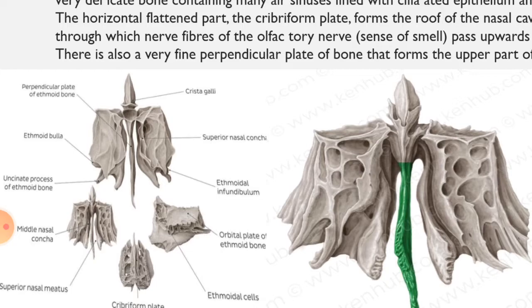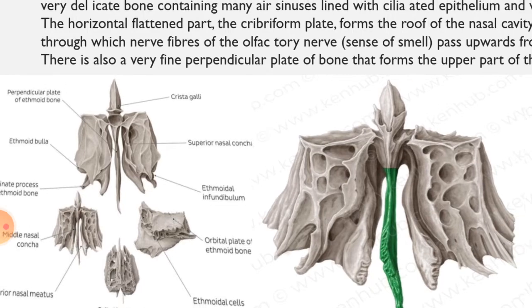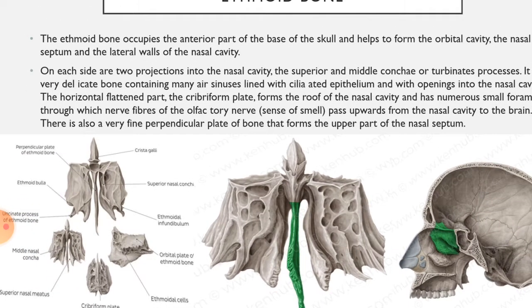And we have already talked about the perpendicular plate, which forms the upper part of your nasal septum, and the crista galli is another important structure, which is basically a horizontal flattened part, and this basically gives attachment to the falx cerebri, and falx cerebri separates the hemispheres of your brain, the cerebral hemispheres. So it gives the anterior attachment to the falx cerebri.